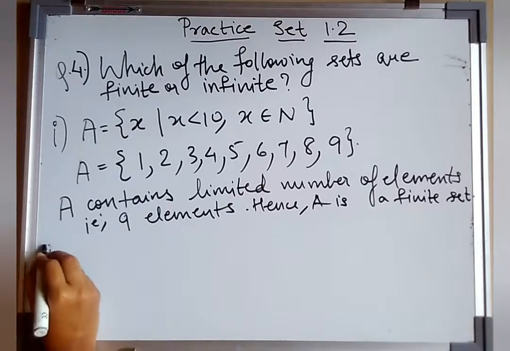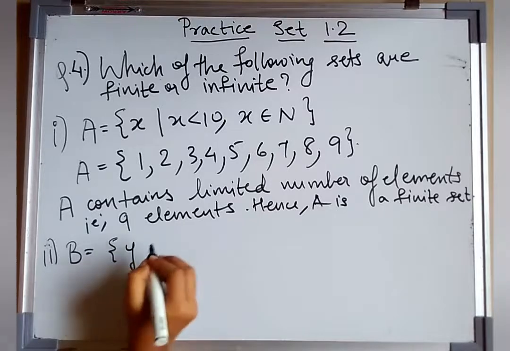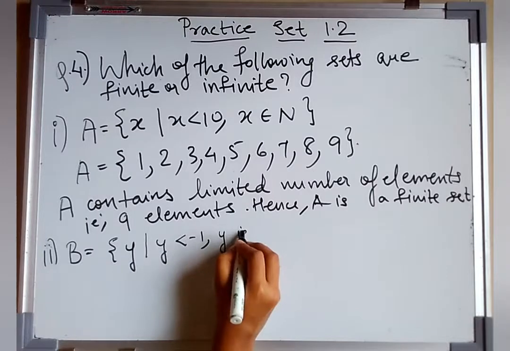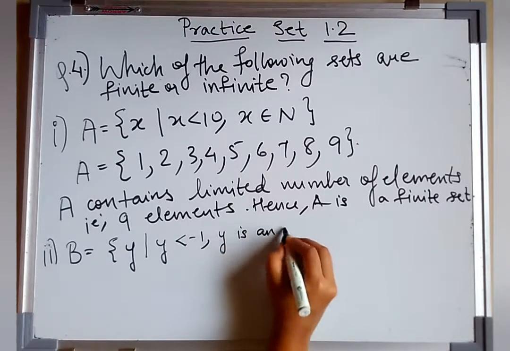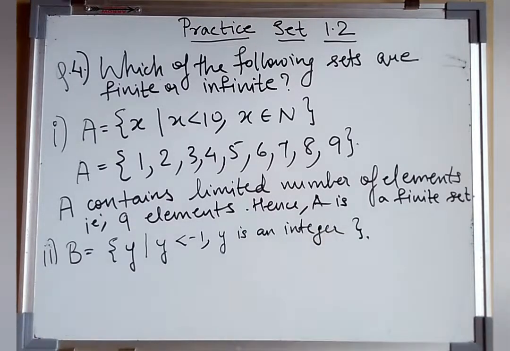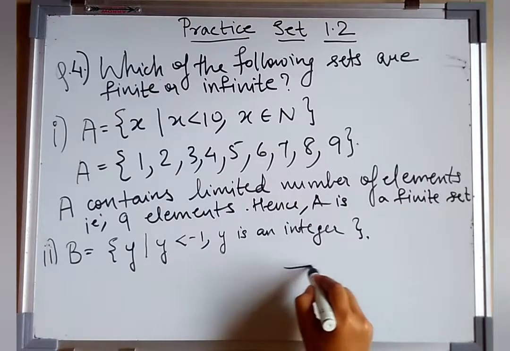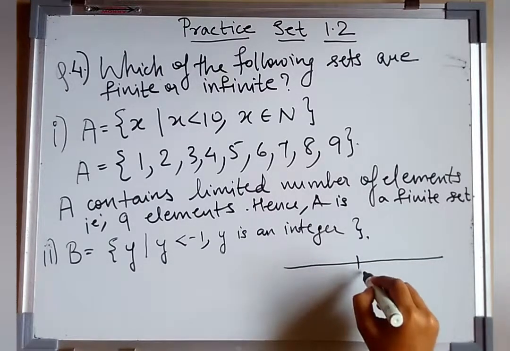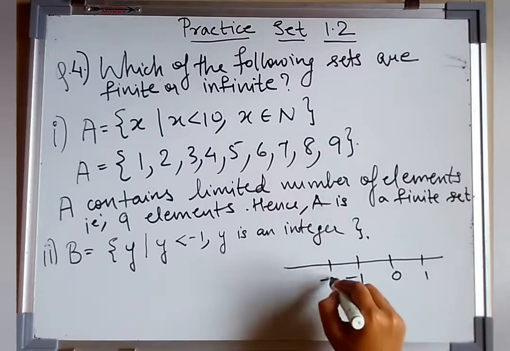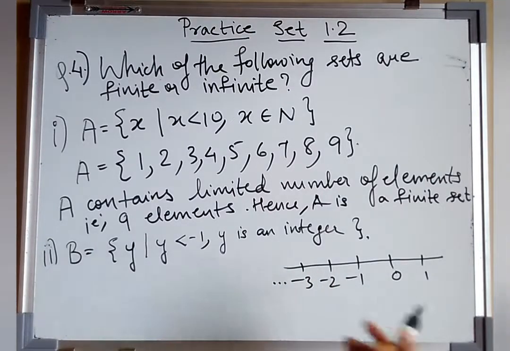Next, B is the set of y such that y is less than -1 and y is an integer. Okay, here we have the number line, and it goes on.